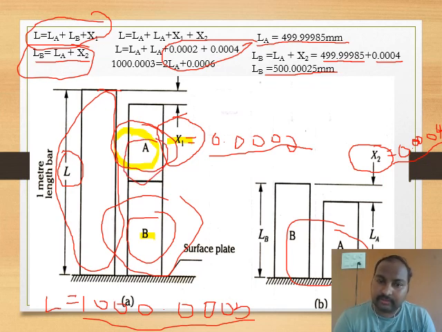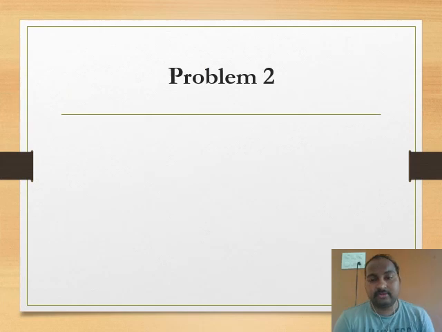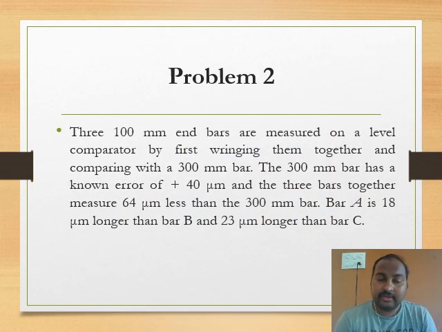Also we can compare these with the known standards. This is the procedure of calibration where we can compare the unknown standards. So you can try another problem.